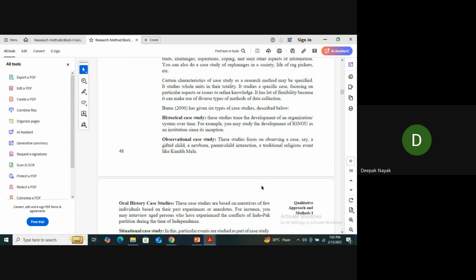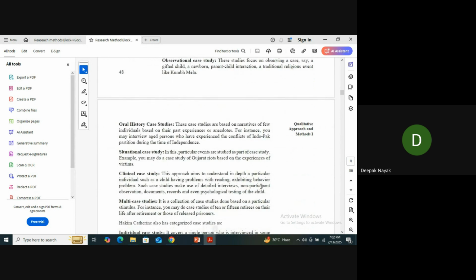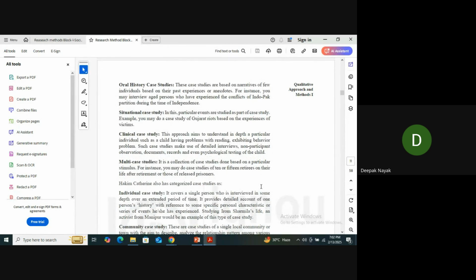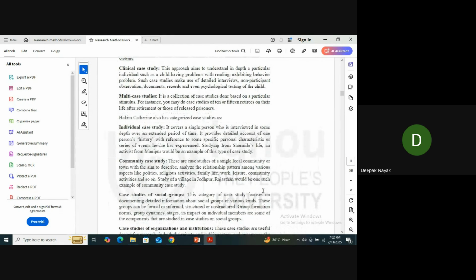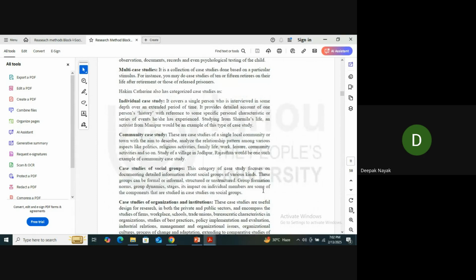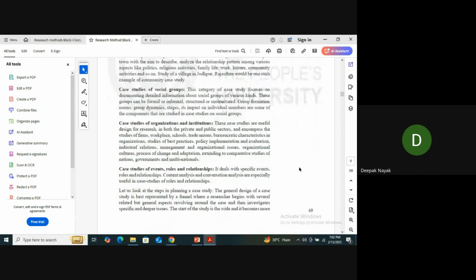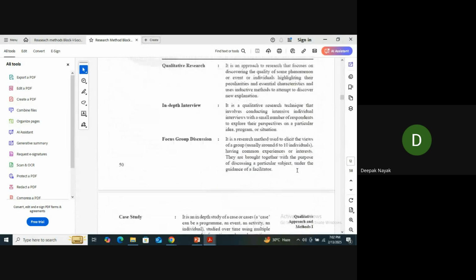There can be historical case study, observational case study, oral history or case study, situational case study, clinical case study, multi-case study, individual case study, and community case study of social groups. At different levels and in different contexts we can undertake case studies.